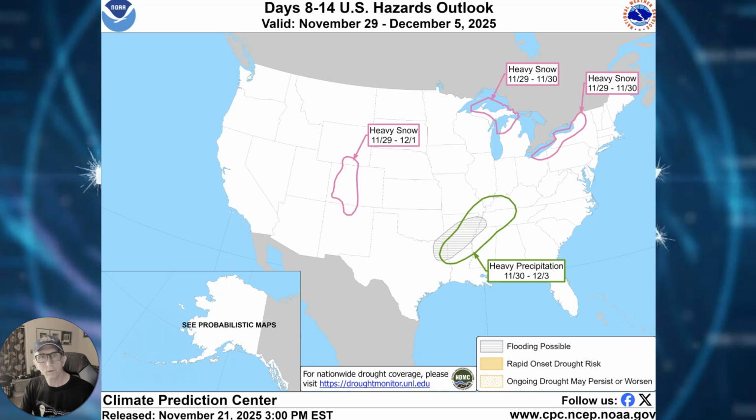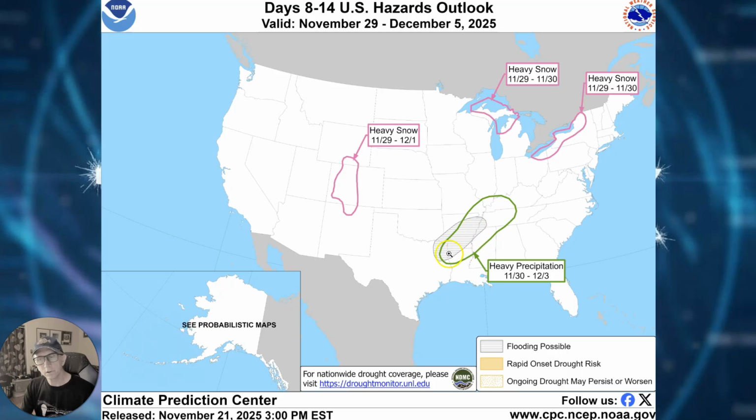So here are the hazards for day 8 to 14, and we talked about this briefly already, right? But this is valid the 29th through the 5th of December 2025. Heavy snow along the front range of the Rockies here, maybe right over the Rocky Mountains, 29th through the 30th, up here in the Northeast.